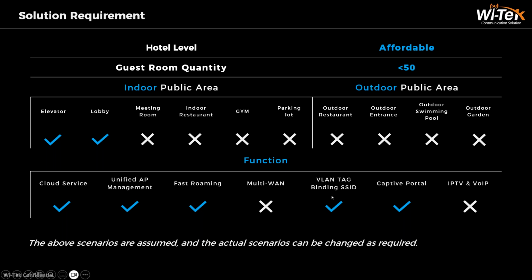And VLAN tags by binding SSID to separate the office network and the guest network, and a captive portal, so you can send advertisements to your guests when they check in. No IPTV and VoIP. All the above scenarios are assumed, and the scenario can be changed according to the actual requirements.